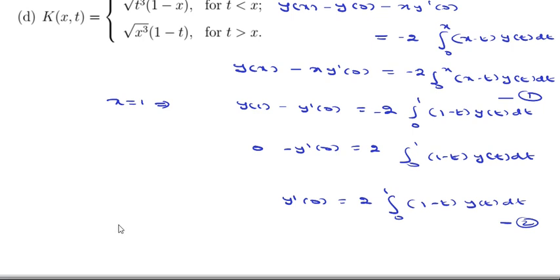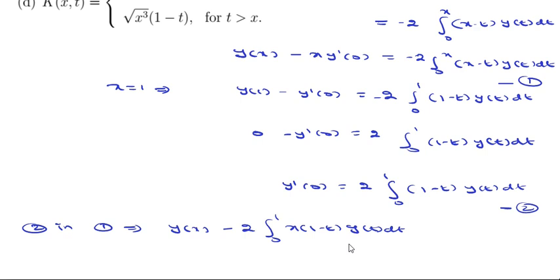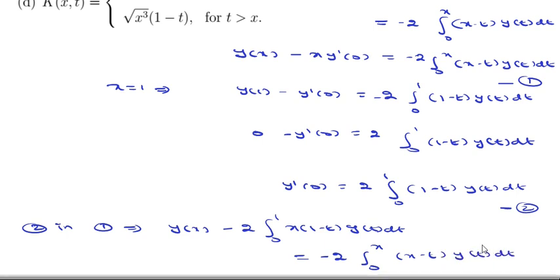Now substituting equation 2 in 1, we get y of x minus 2 times integral 0 to 1 of x times 1 minus t, y of t dt, equal to minus 2 times integral 0 to x of x minus t, y of t dt.